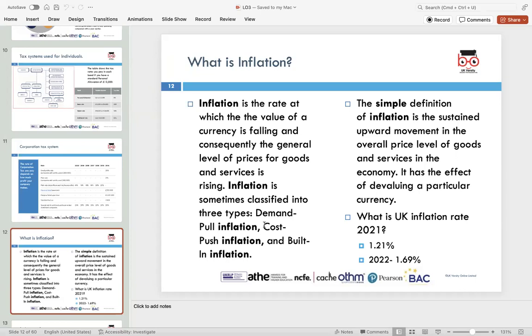This is the most straightforward explanation of inflation. In 2021 the rate of inflation in the United Kingdom was 1.2, and by 2020 it had risen to 1.69.